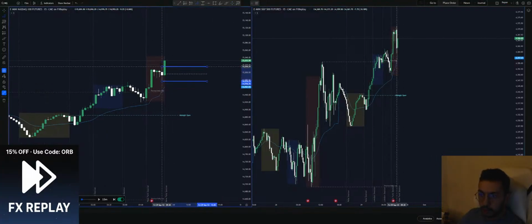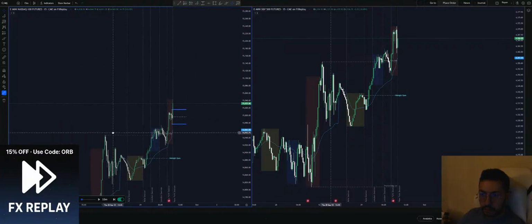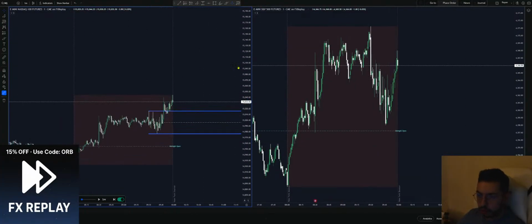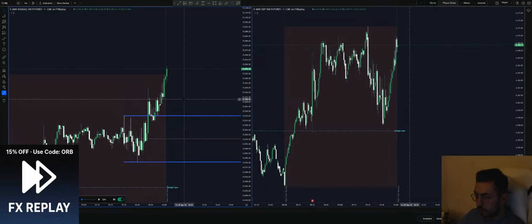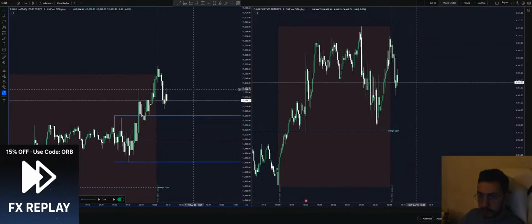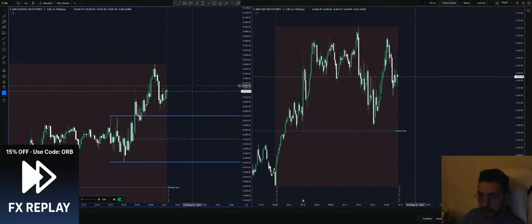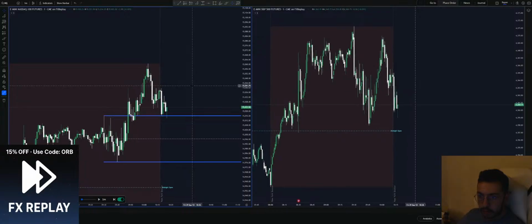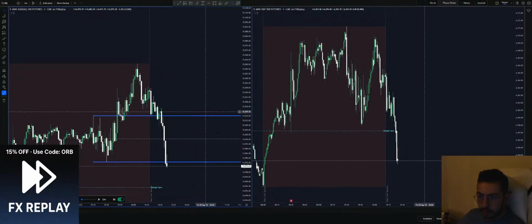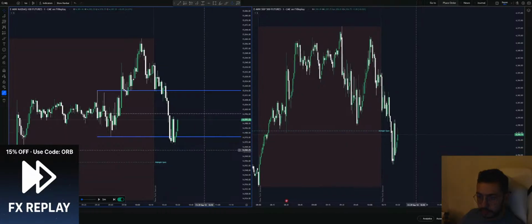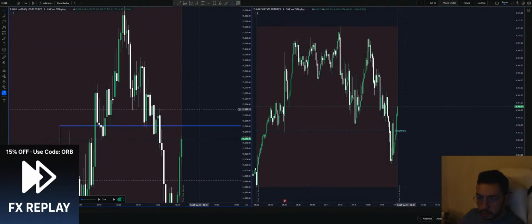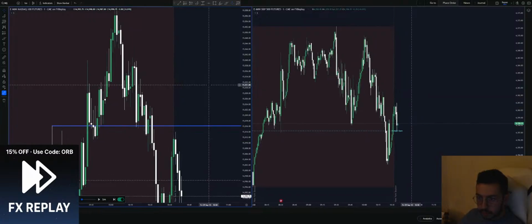High and low. Yeah, this looks like a bullish trend. Got this gap here. Never mind. This gap.